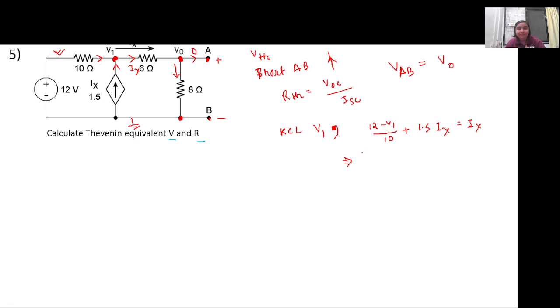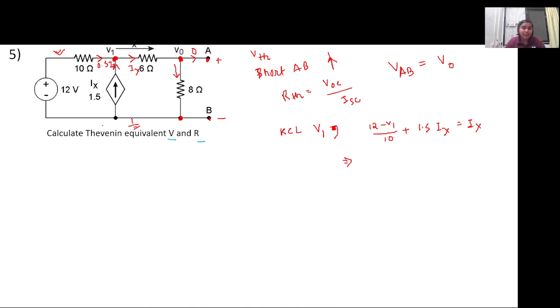Ma'am, there is one more option. We can find current in the 10 ohm resistance very easily since the current source is 1.5 Ix. Ix is going this side in the 6 ohm, so it is 0.5 Ix in the 10 ohm, in the reverse direction.